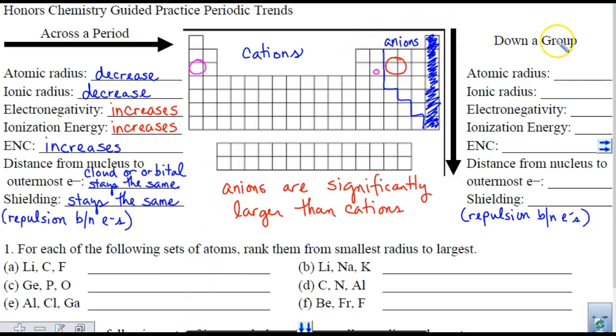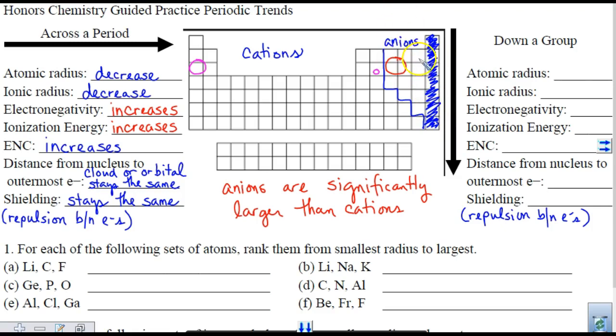Alright, now let's look at what's going on going down the group. Like we did with the other one, let's address effective nuclear charge. As you're going down, you are adding significant numbers of protons, but you're also adding electrons, and those electrons are being added at increasing distances.